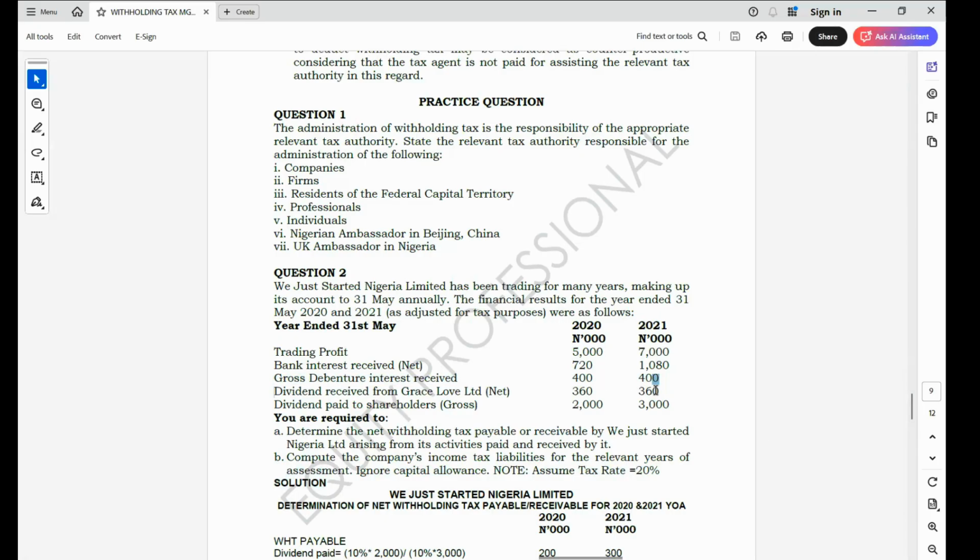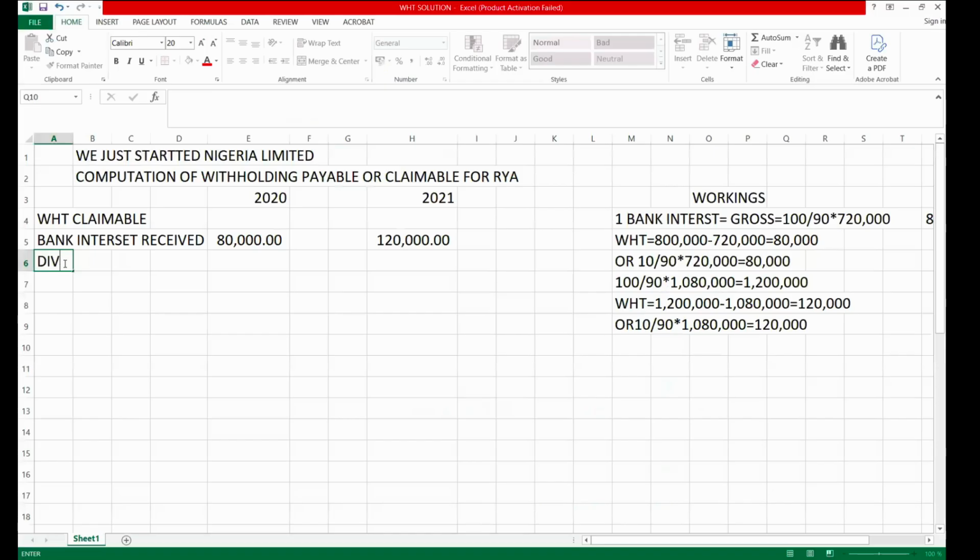Then we also have the next one, dividend received from Grace Love. What category of withholding tax will dividend received also give rise to? Dividend received, net. Withholding tax claimable, the same thing. So the same way, working two.